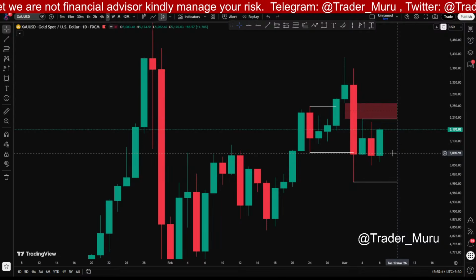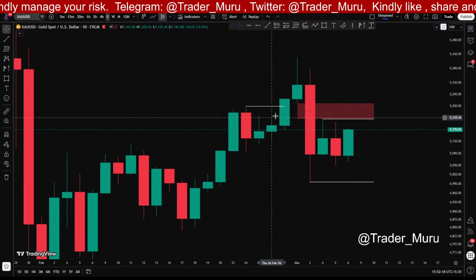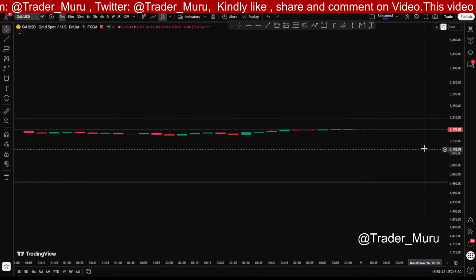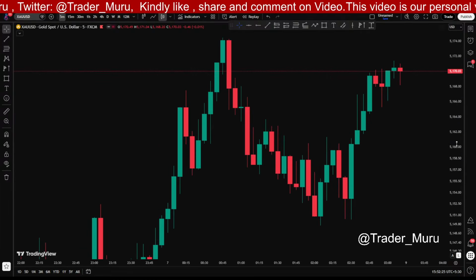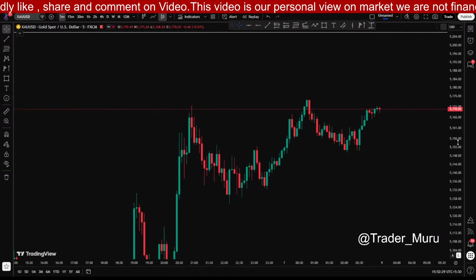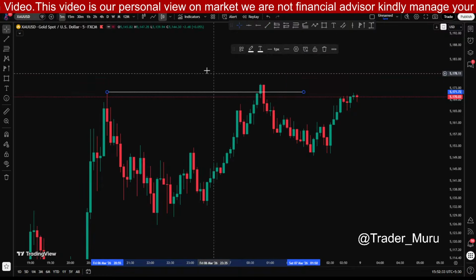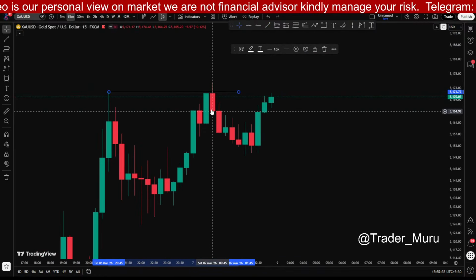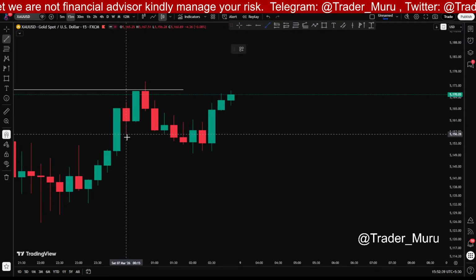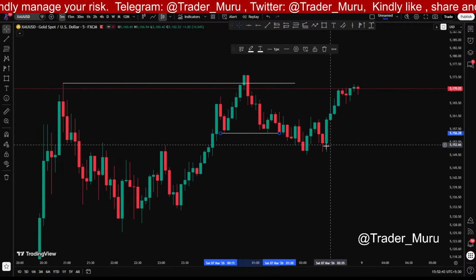So for the Monday, do you expect it to gap down opening? Possible, yes. According to 15-minute and 5-minute time frame, 5-minute is bearish. This was a liquidity hunt in 15-minute time frame. We don't have any closing above it, and this is your 5-minute change of character.